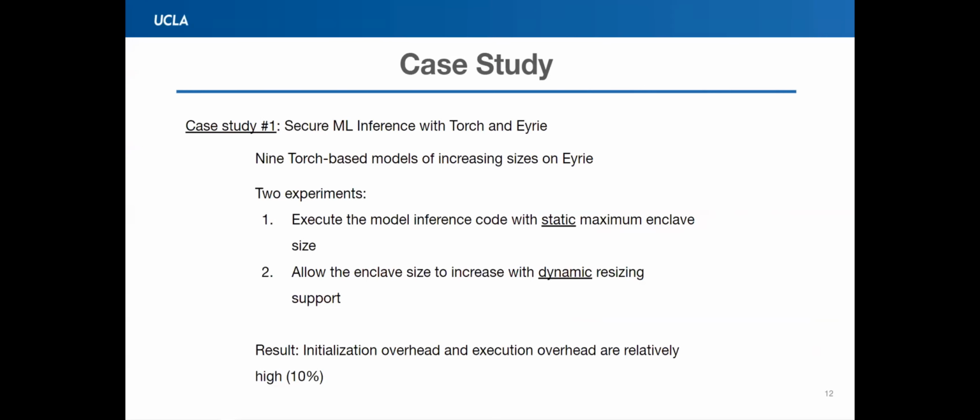This case study includes nine Torch-based models and conducts two experiments. One is about the static aspect, and the other is about the dynamic. For both the static and dynamic, the overhead is relatively high, close to 10%. Next slide, please.